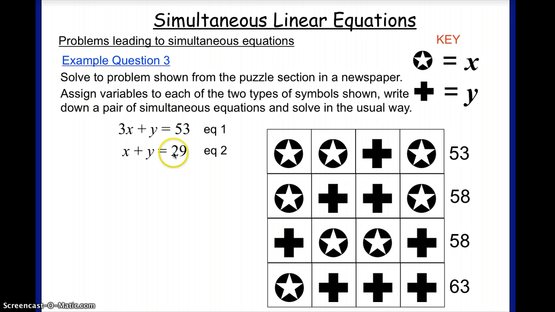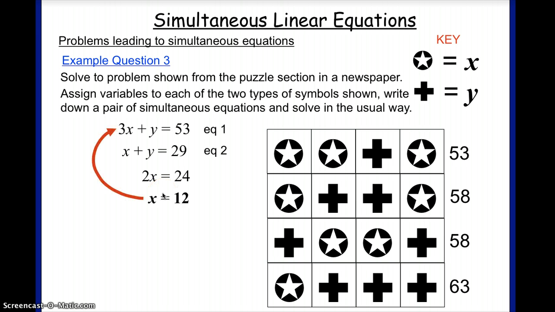Because of that, I now have the y variable with the same coefficient, which is 1, so we can quickly eliminate the variable y. So y minus y is 0, 3x minus x is 2x, 53 minus 29 is 24.